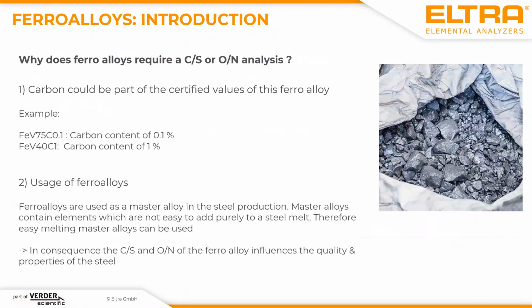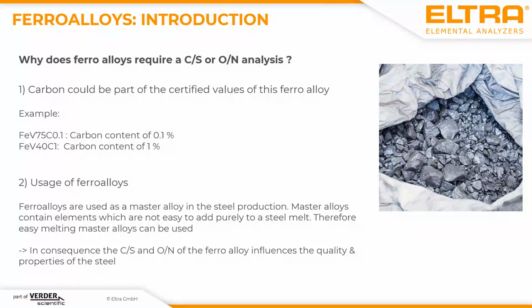Besides the different content of the alloyed element, the ferroalloy itself also can have different carbon, sulfur, or maybe oxygen and nitrogen content. For example, ferrovanadium 75 could have a carbon content of approximately 0.1%, whereas ferrovanadium 40 could have a carbon content of approximately 1%.